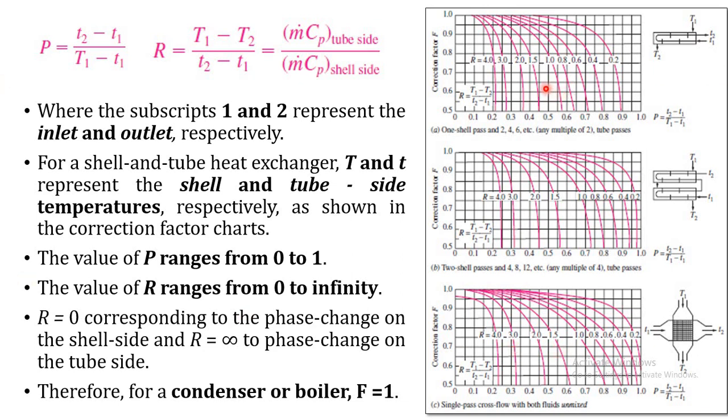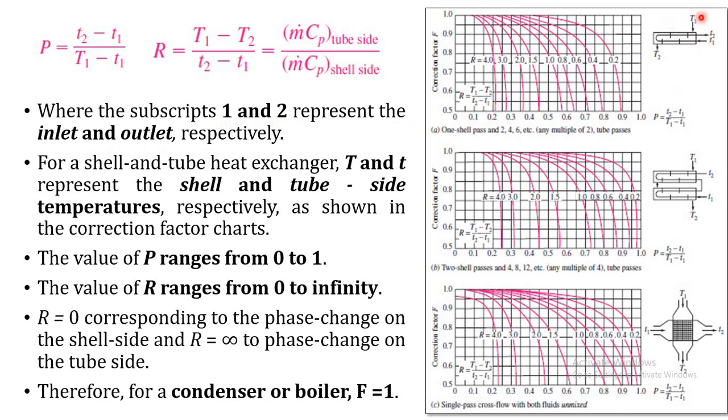These correction factors you can find by using two dimensionless temperature terms, namely T and R. In all these charts, T is a temperature ratio: small t2 minus small t1 divided by capital T1 minus small t1, where 1 and 2 represent the inlet and outlet conditions.